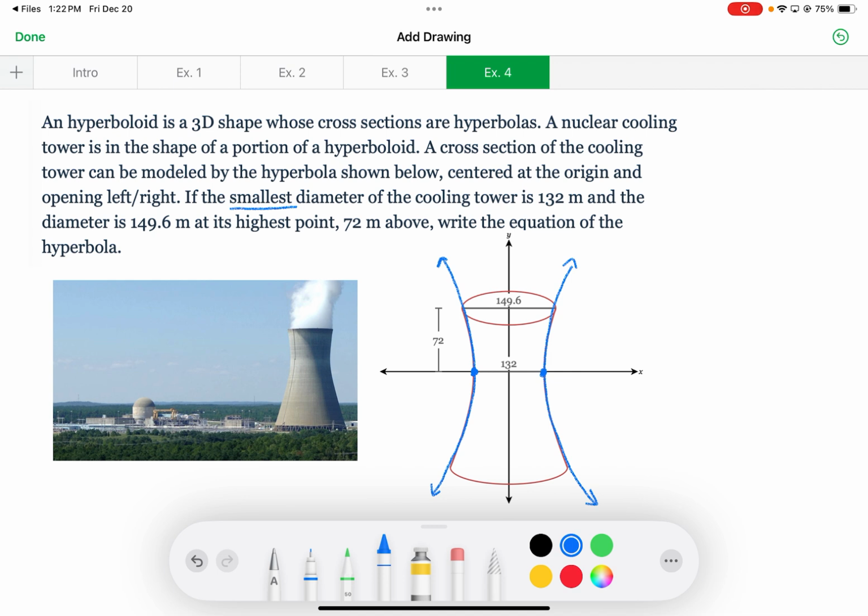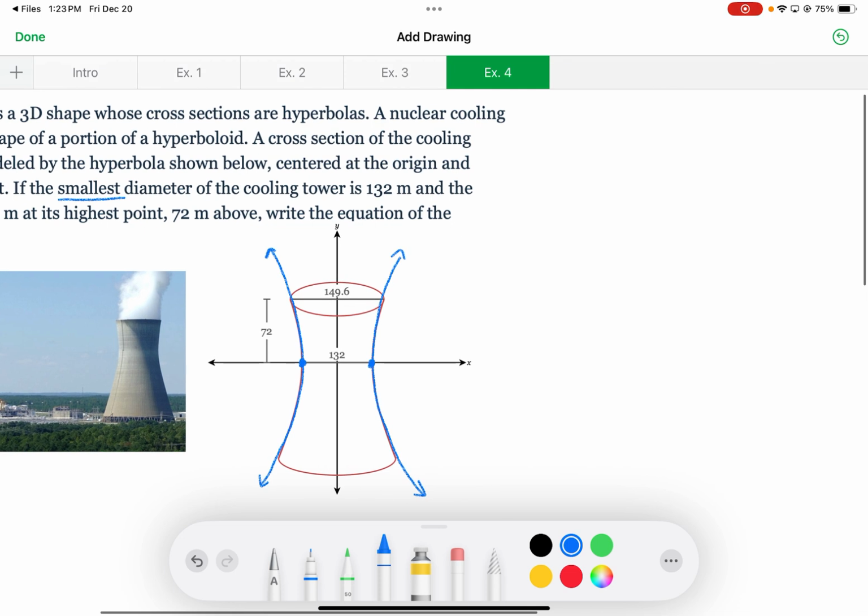And then we're also told that the diameter is 149.6 meters, and it's at 72 meters above where the center would be, right? So like the top of the cooling tower diameter across is 149.6 meters, and then distance to get up to the top from the center there would be 72, right?